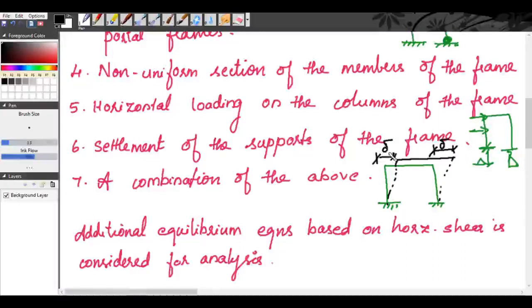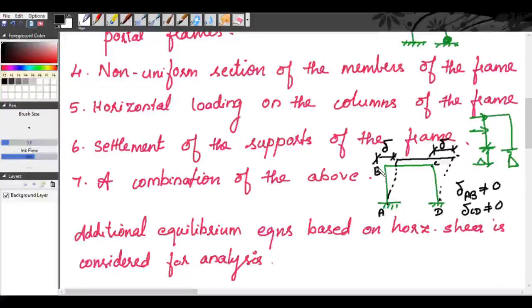Now, see this delta, if you are considering this frame as A, B, C and D, you will have deformation. While solving the problem, you have to take that delta AB is not equal to 0. You will have deformation for AB. Similarly, delta CD not equal to 0. In the span CD, you will have this deformation.